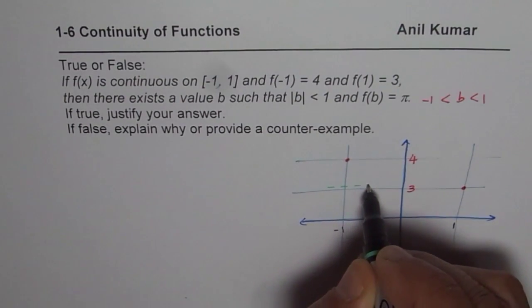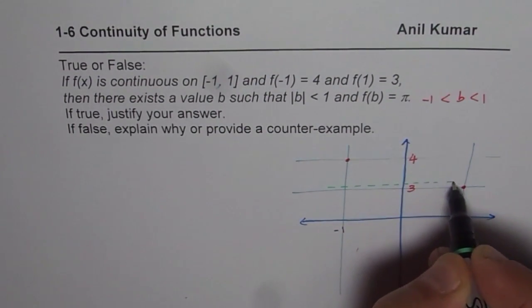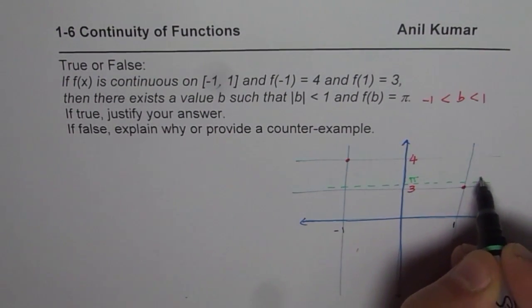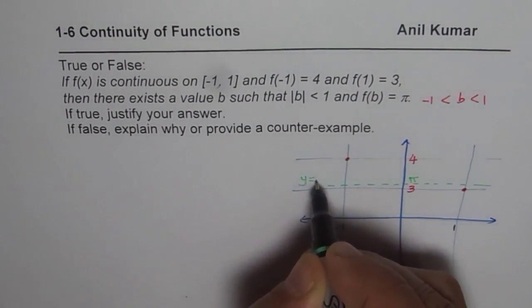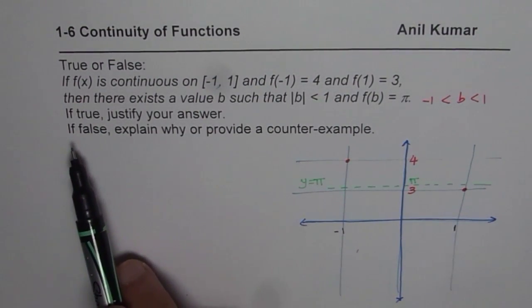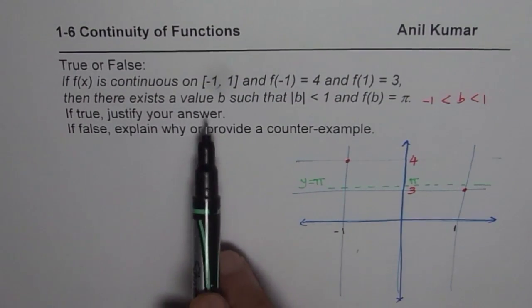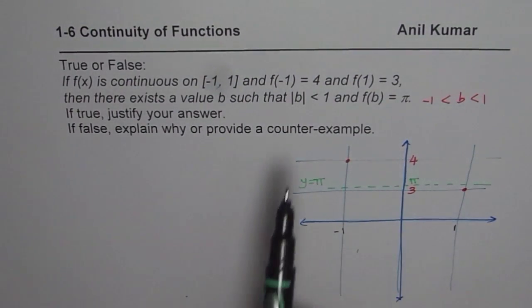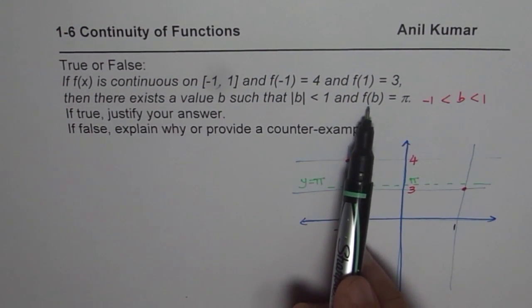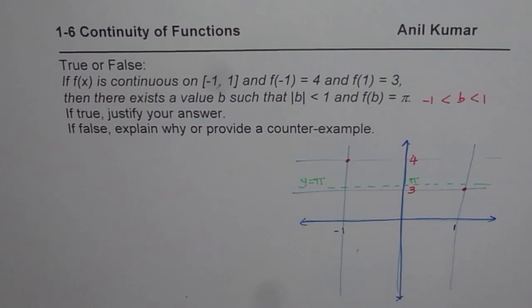Let us say this is pi for us. So I have drawn a line here, which is y equals pi, approximately 3.14. Now the question is, is this statement true, that there exists a point b so that the value of the function at that x value of b is pi?